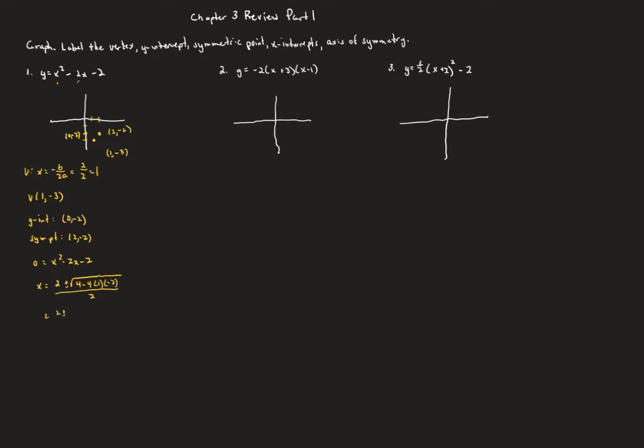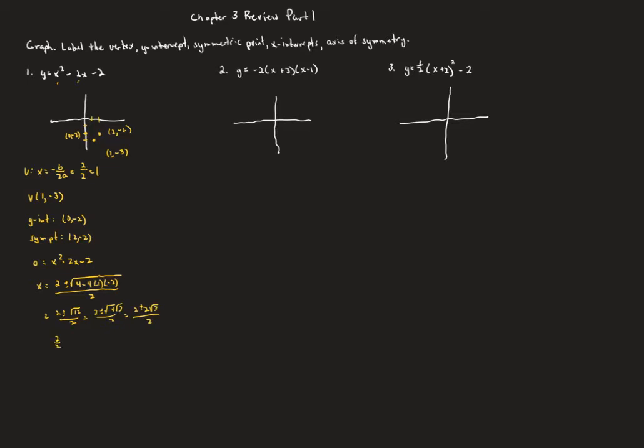So that's going to be 2 plus or minus, the two negatives will make that a positive, 4 plus 8 is 12. We're going to need to break up that 12 into 4 times 3. And the square root of 4 is 2. So that's going to get us to 2 plus or minus square root of 3 over 2.